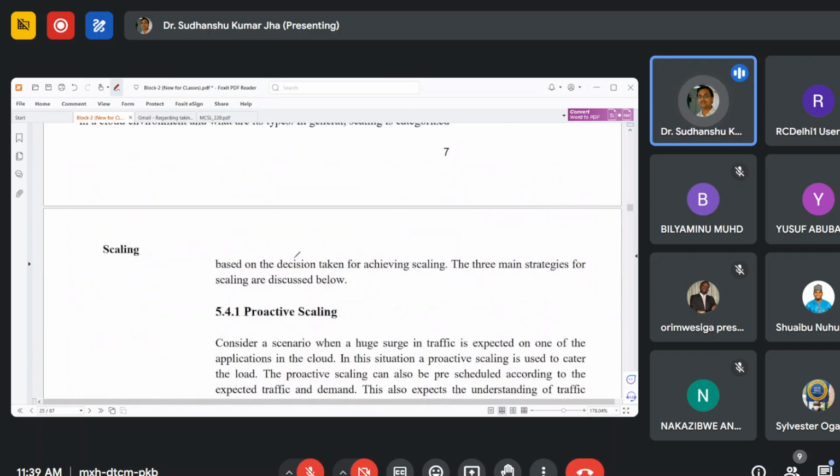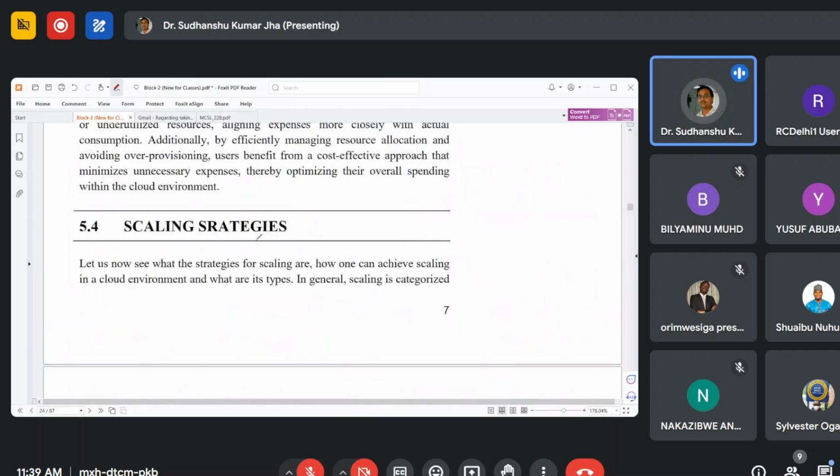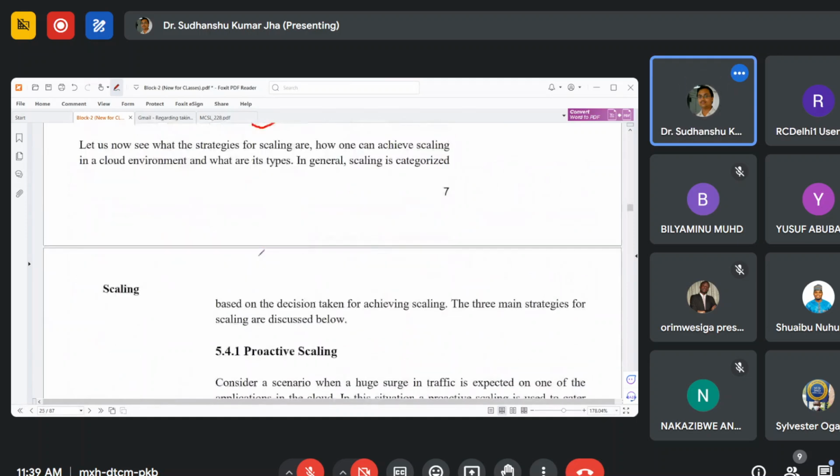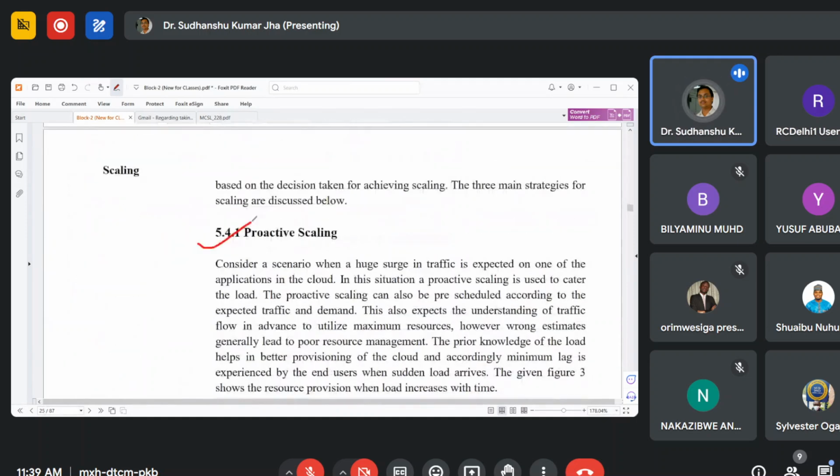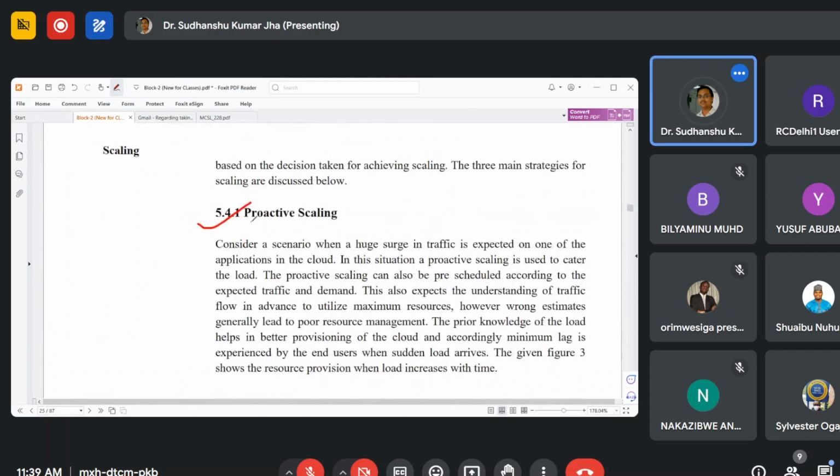So, if you talk about the scaling strategies, we have proactive scaling. Proactive scaling means the scaling is pre-scheduled according to the expected traffic and demand.